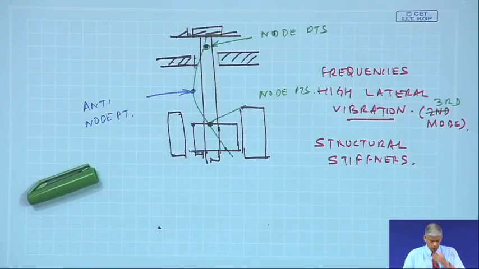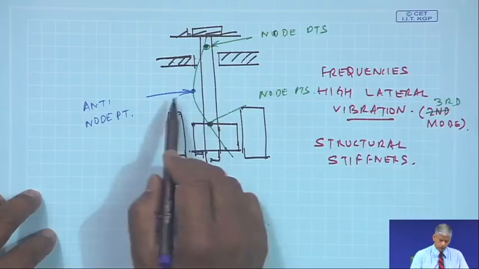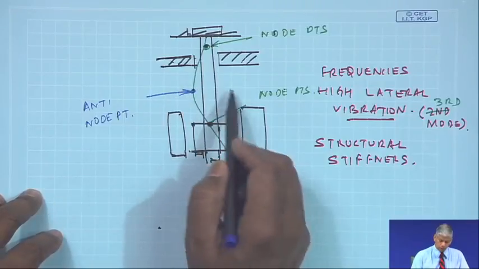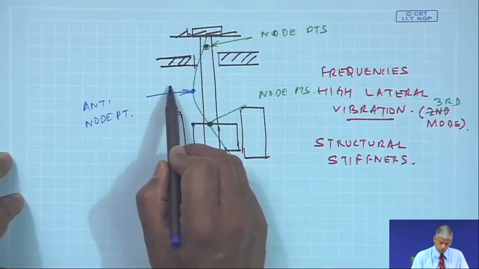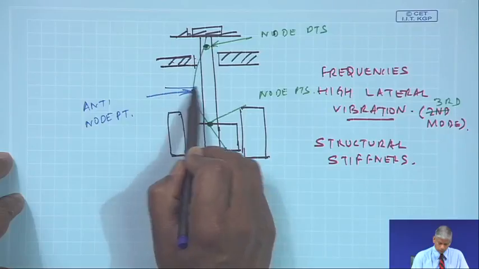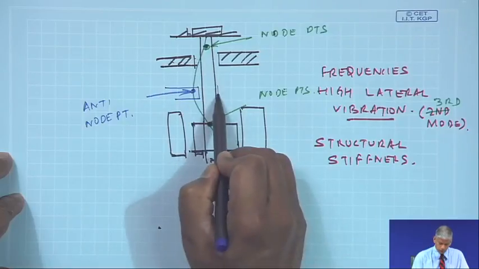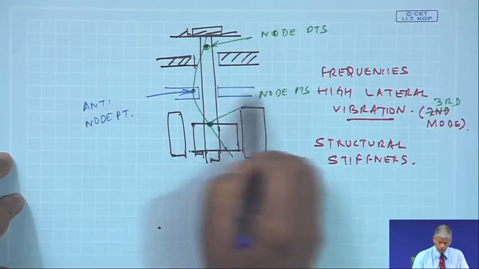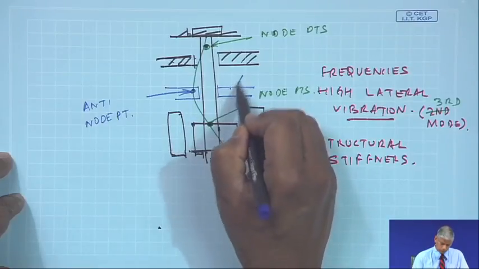So, to arrest the high lateral vibrations at the anti-node points, I may have to move some sort of a stiffener or bearing to this location, so that it will arrest the vibrations.